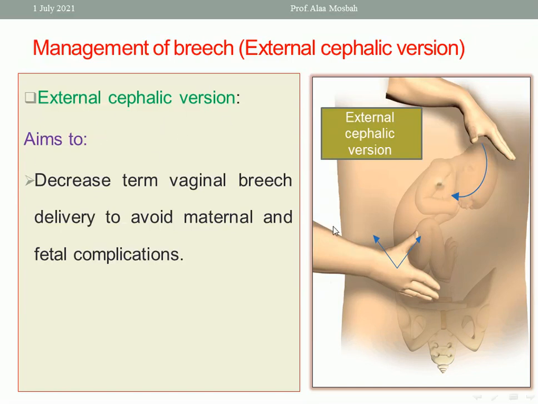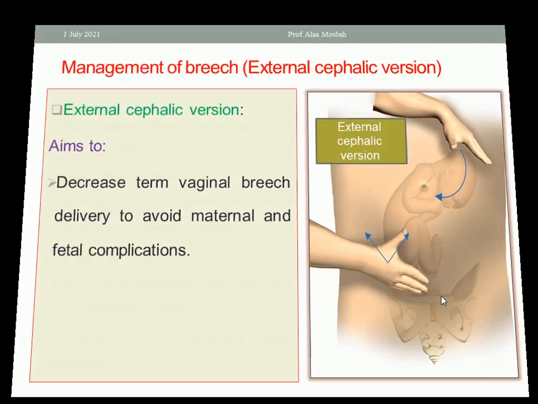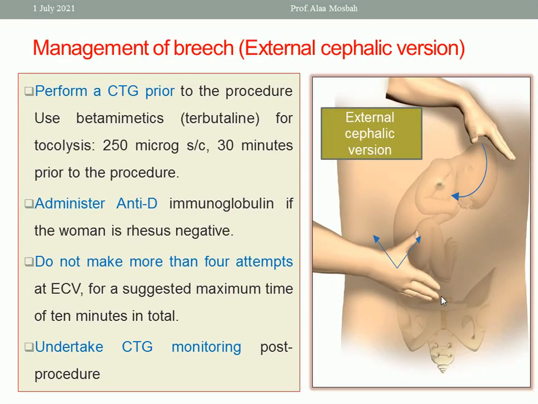External cephalic version aims to decrease term vaginal breech delivery to avoid maternal and fetal complications. And all the guidelines recommend to counsel the patient to do external cephalic version.